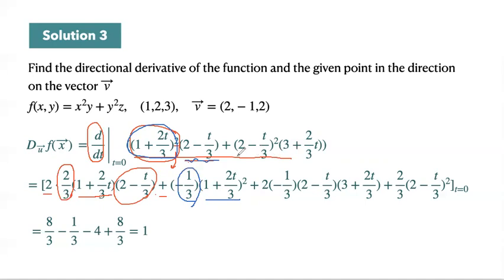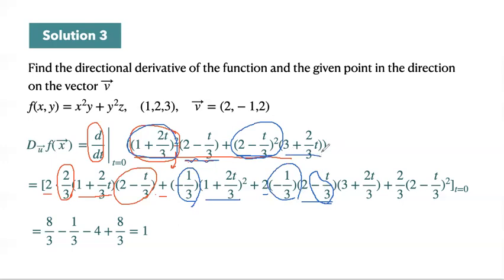And then here, I also calculated it using the product rule. So I first differentiate this term, so it'll be 2 times (2 minus t/3). And we need to multiply by the differentiation of the inner function, then we get -1/3. Okay.